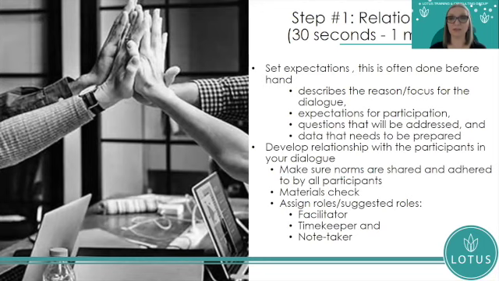If you don't already have your data with you, I have materials for you to look at. I'm going to make sure that I'm leading the facilitation and timekeeping. You are your own note taker, so you've got your participant guide to do that. And I just want to make sure we're all okay adhering to the norms we've agreed to beforehand. That's legitimately a minute or less, and now we're moving into the next step.